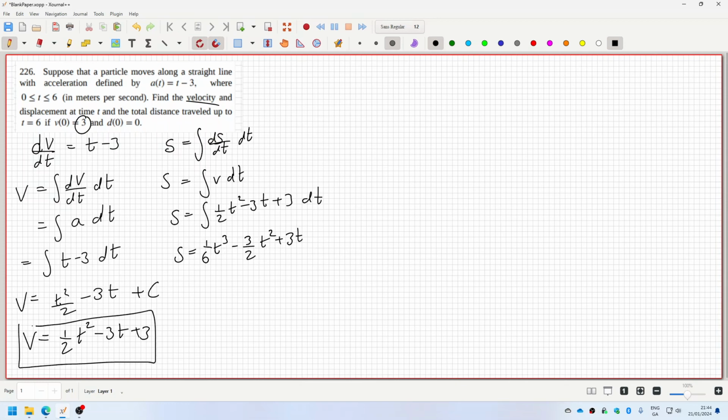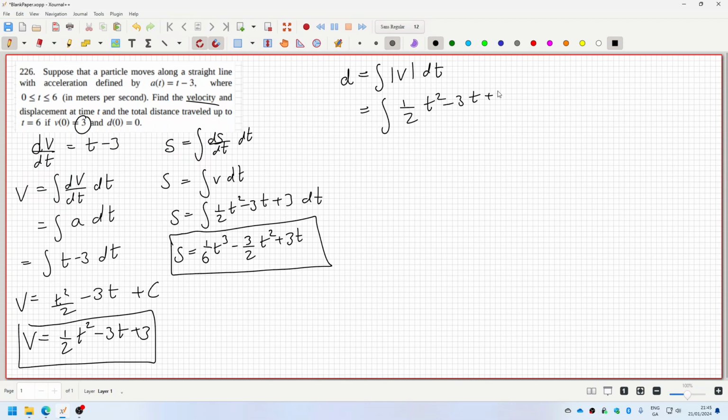So there's the velocity, and there's the displacement then. And then the distance will be the integration of the speed, the absolute. So that would be the integration of a half t squared minus 3t plus 3 dt, absolute. And now the problem is they want it for 6.